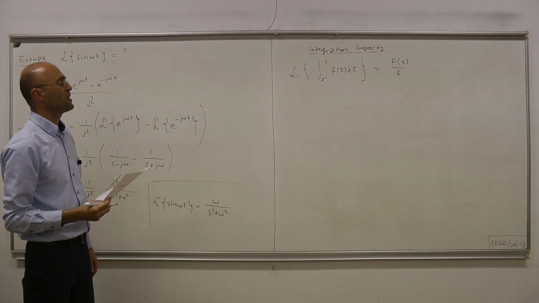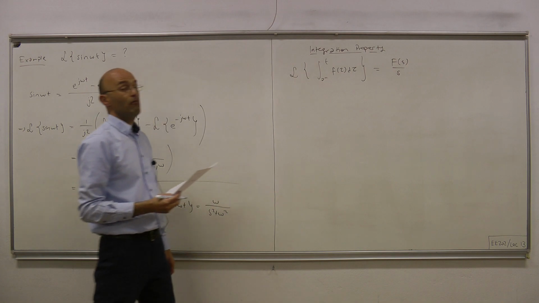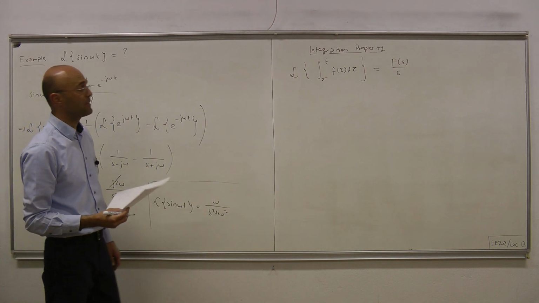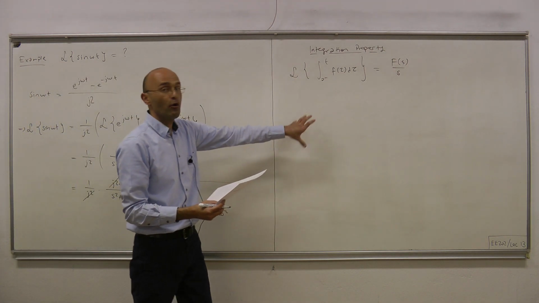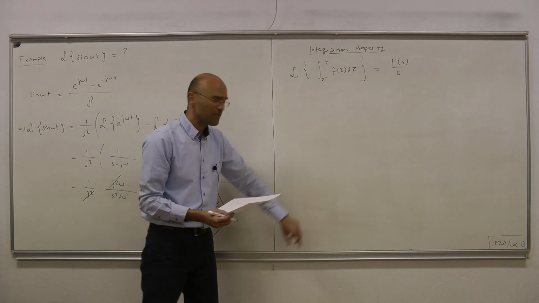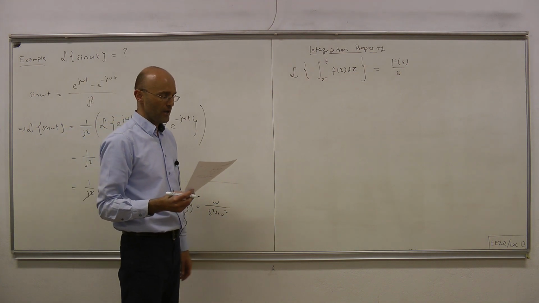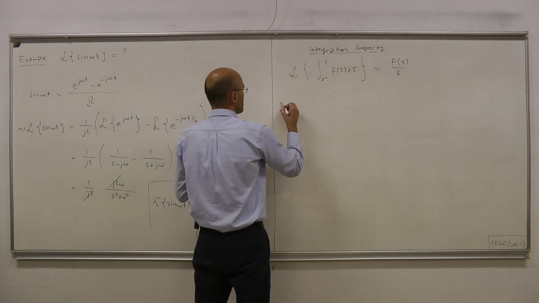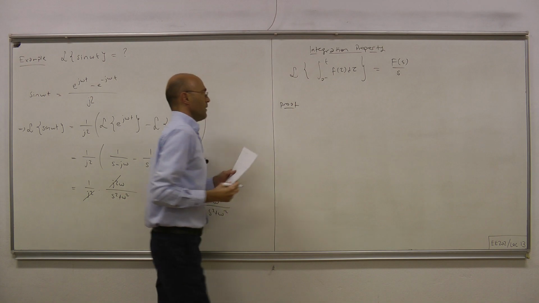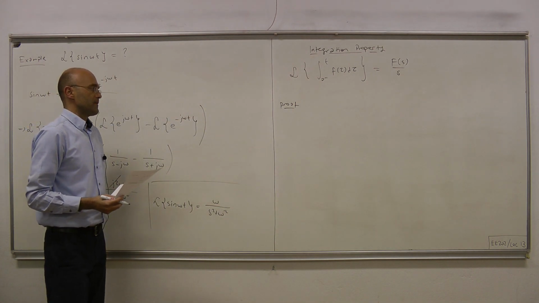Now this is not obvious, to me at least. It's not an obvious property like the linearity property, so it requires a demonstration. But the proof is quite straightforward, so let's go over it.